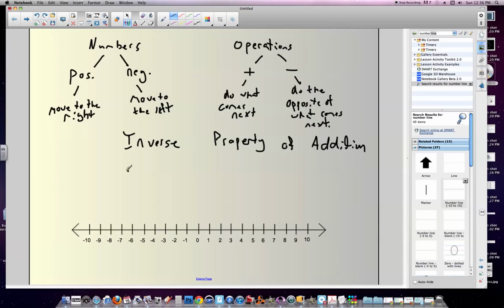It says, hey, if I have 3 plus 5, what does that equal? That equals 8, right? Right 3, right 5, that gets me to 8 on the number line. It says, okay, so I have these two terms that when they're added together make a new term. And we're going to call this new term the sum of these two terms. Well, if I take that sum and I remove either one of these parts, I'm going to be left with the other part. If 8 is the sum of two things and I take one of those things away, I'll be left with the other thing.